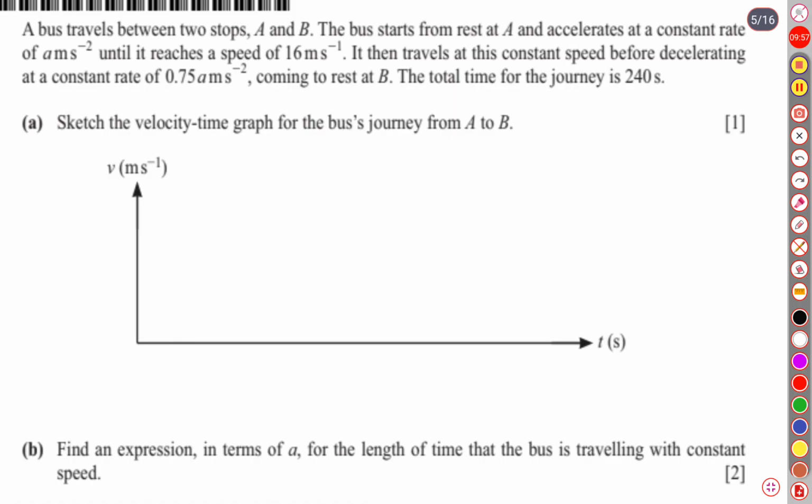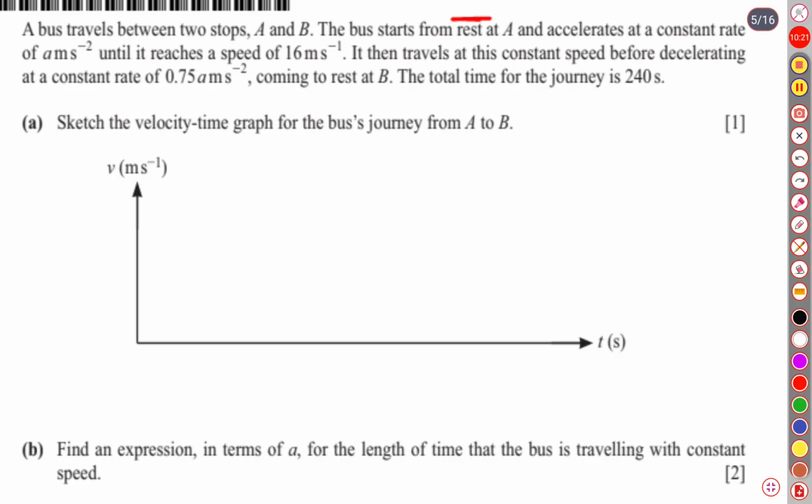Sketch the velocity time graph for the bus's journey from A to B. Well, we are going to sketch the graph, which is a velocity time graph. So let us see. It started from the origin, it started from rest. That means from O it started.